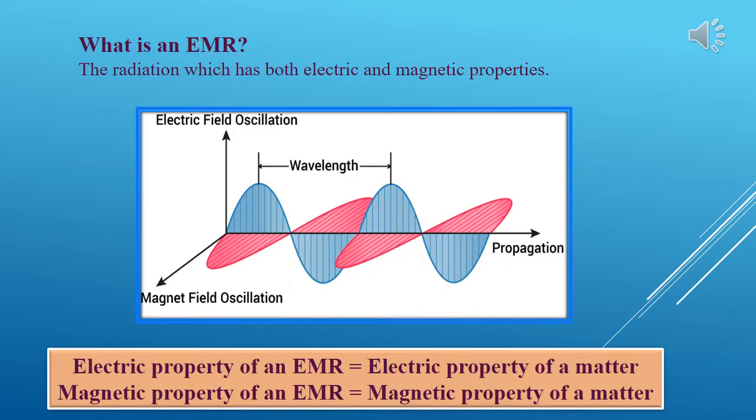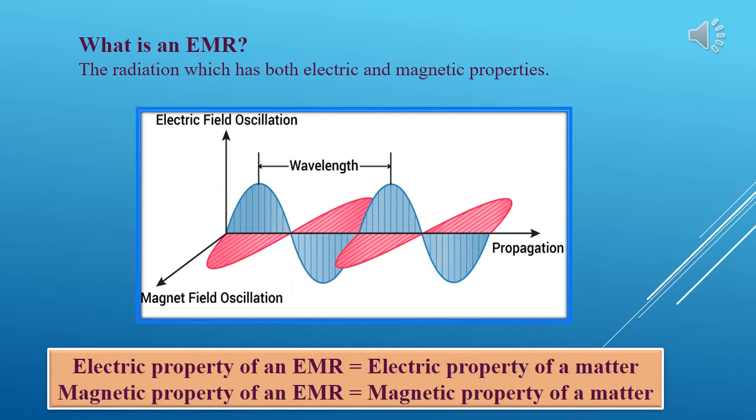Let's see what is an electromagnetic radiation. It is the radiation which has both electric and magnetic properties. That means it has both electric field oscillation and magnetic field oscillation when it is propagated in a vacuum. Electromagnetic radiation passes as a wave in a vacuum.